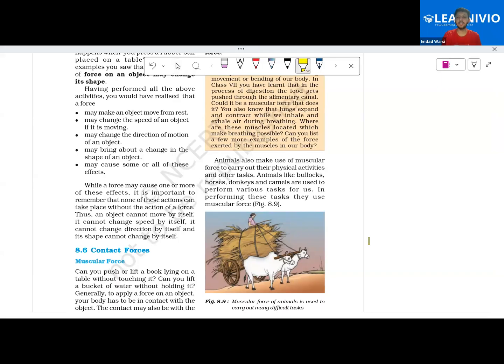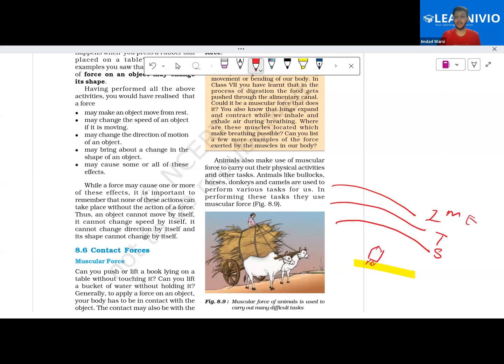When a rocket is going up, you must know there are atmospheric layers in the atmosphere, right? You must be knowing the names: troposphere, stratosphere, mesosphere, ionosphere, and exosphere. So what happens when the rocket is projected from the ground?